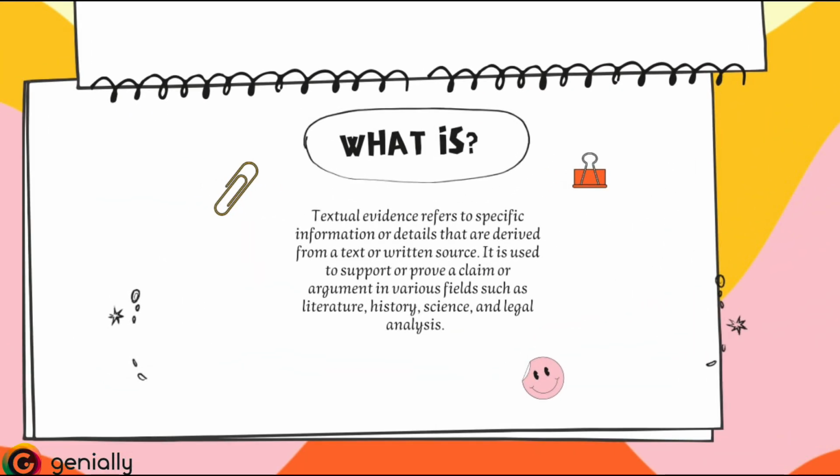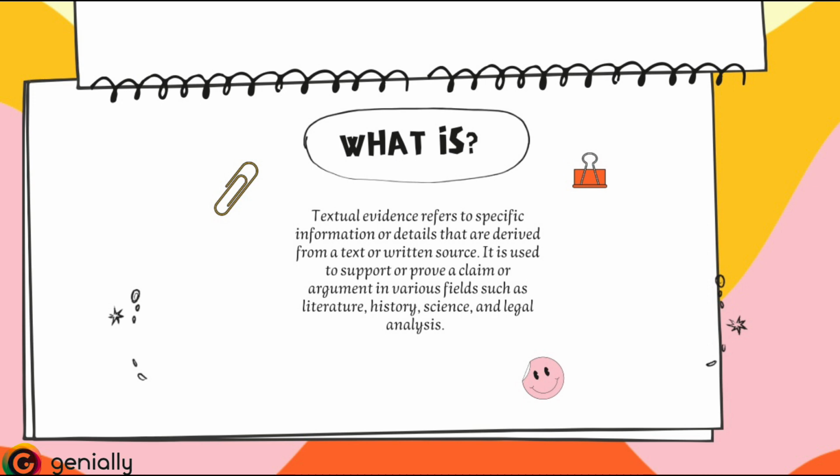What is textual evidence? Textual evidence refers to specific information or details that are derived from a text or written source. It is used to support or prove a claim or argument in various fields, such as literature, history, science, and legal analysis.